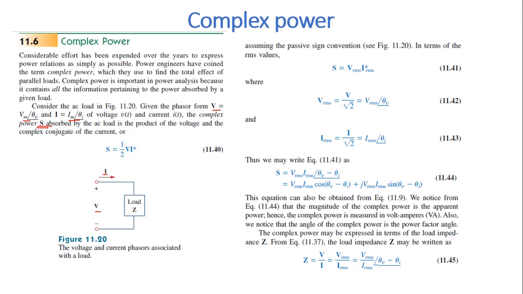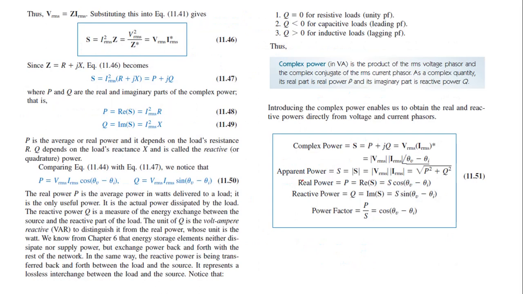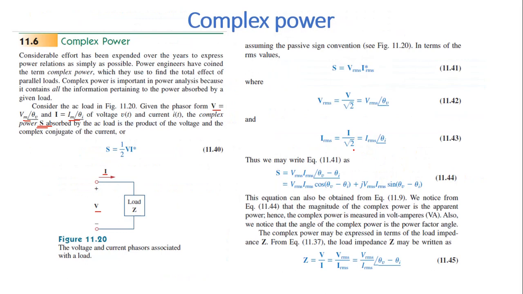Now you can differentiate between the apparent power term S and the complex power term S. Here the apparent power is denoted as S, just a capital letter S, whereas complex power is denoted as a vector S in capital form. Okay, you can differentiate it here.